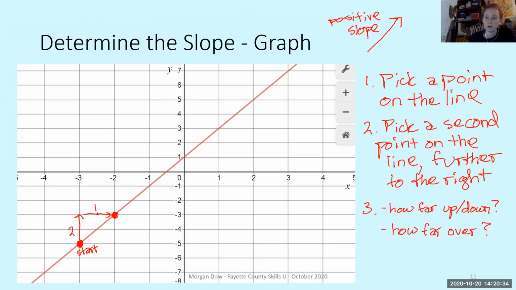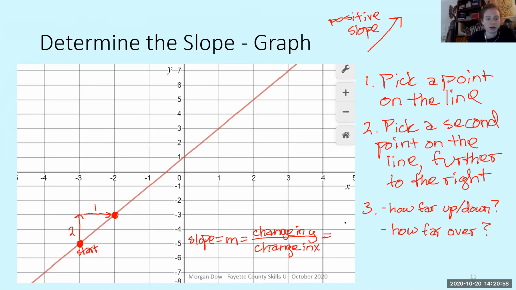And so my slope, remember slope compares, right? Slope, which is sometimes abbreviated with the letter M, is a comparison of the change in Y, the vertical change, to the change in X, the horizontal change.